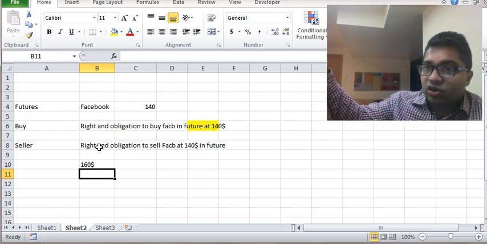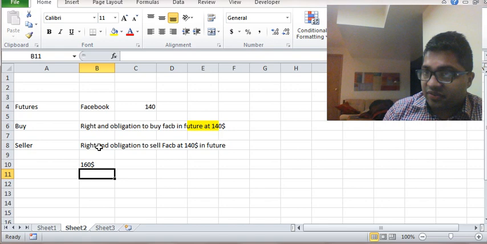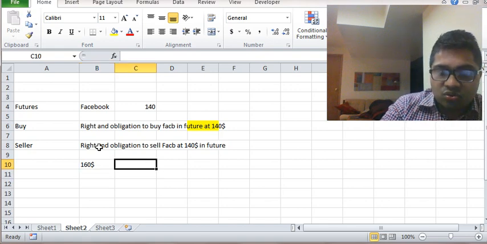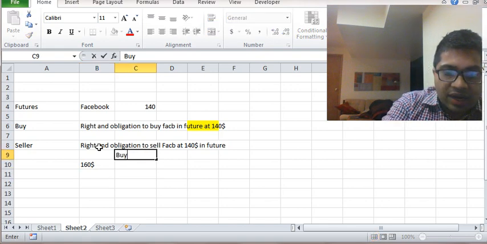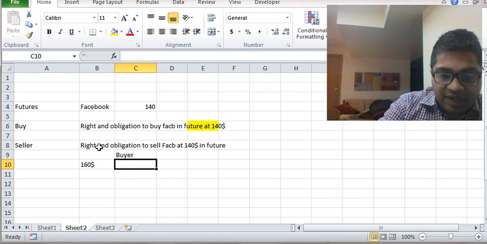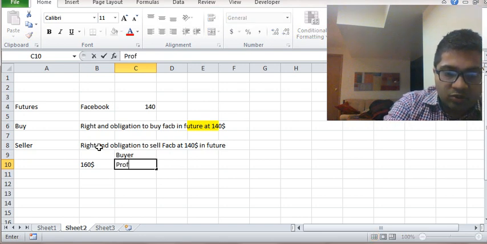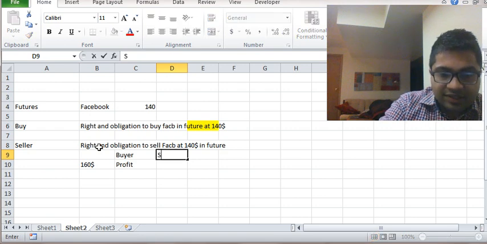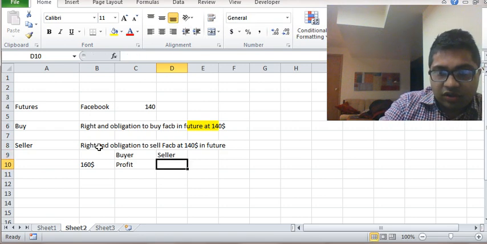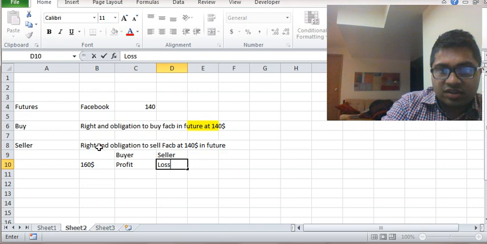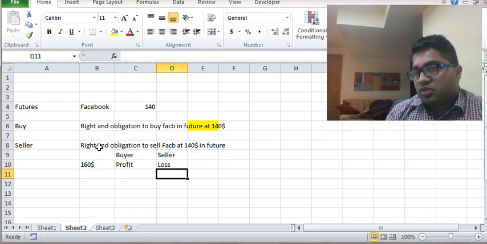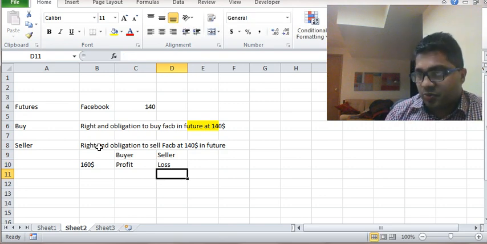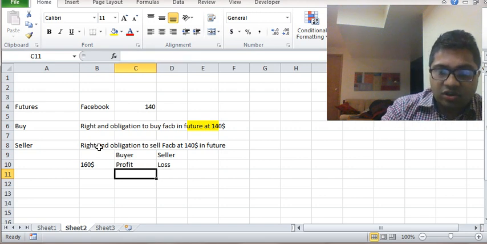So he's buying lower than the market, and he's benefiting. So if Facebook goes to $160, the buyer makes money, there is profit to the buyer, and the seller loses money. So if the stock goes up, the buyer makes a profit and the seller makes a loss.